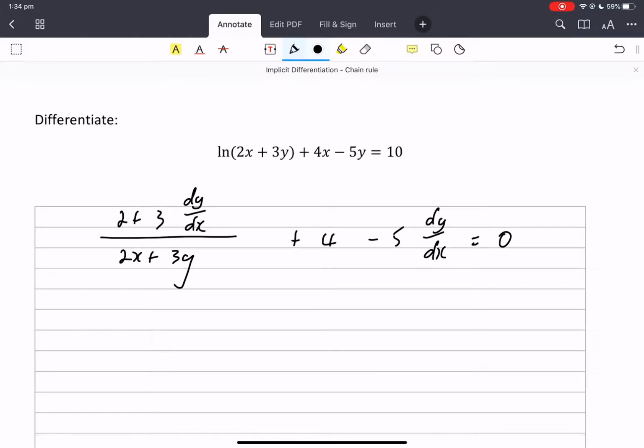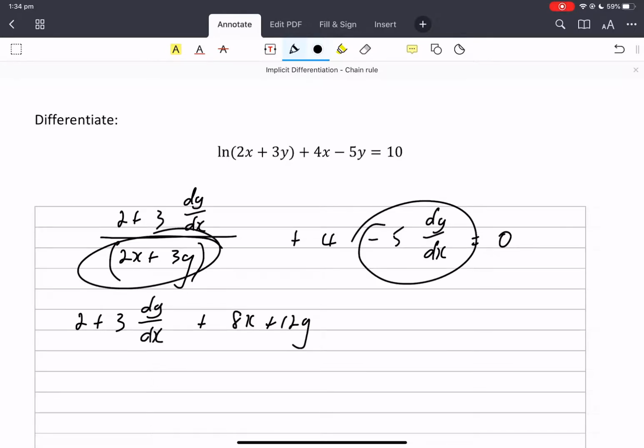That's a little bit yucky, isn't it? So we've got a big bracket there in the denominator, which is really stuffing up getting that out by itself. So we're going to have to multiply everything by this bracket here. 2 plus 3 dy/dx. So that bracket times 4 will be, and now that bracket times that.